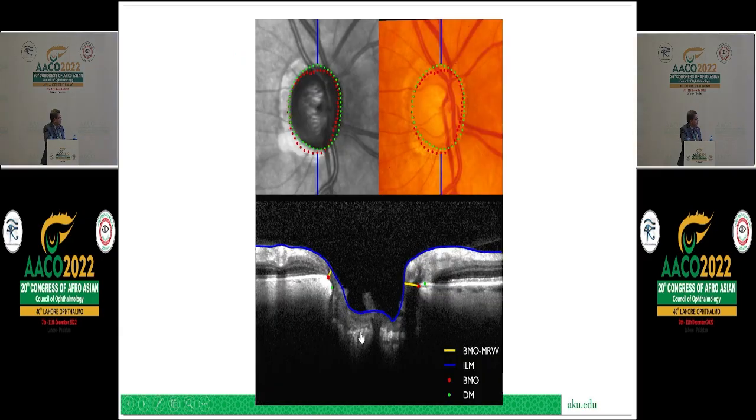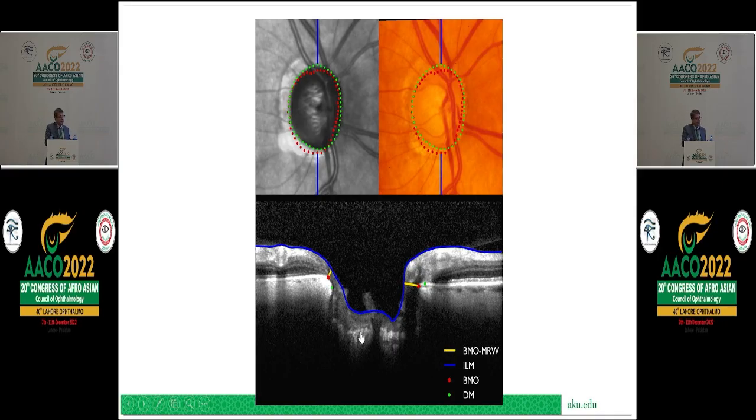Let me just go back. And so it calculates the parameter, I think, called BMO, Bruch's membrane opening, and the minimum rim width, okay? So some OCTs have BMO-MRW, Bruch's membrane opening minimum neuroretinal rim width, as a parameter to follow.